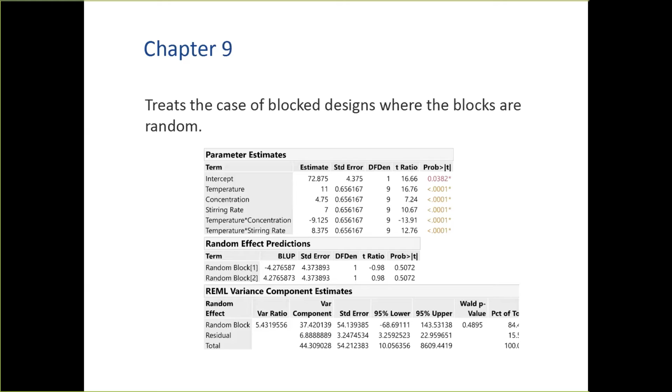So analyzing these designs with the blocks considered to be a random effect is a very important idea, and we use this chapter as a way to introduce the REML method, the residual error maximum likelihood method, for treating random effects.